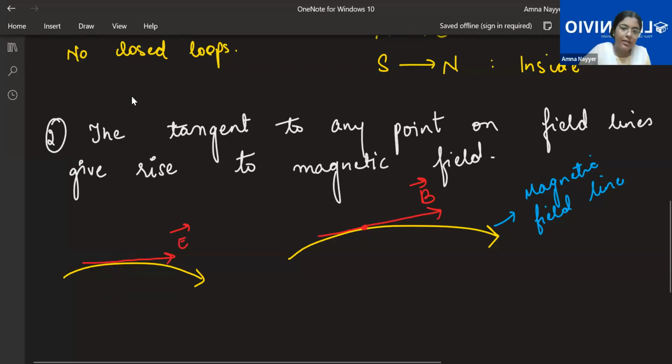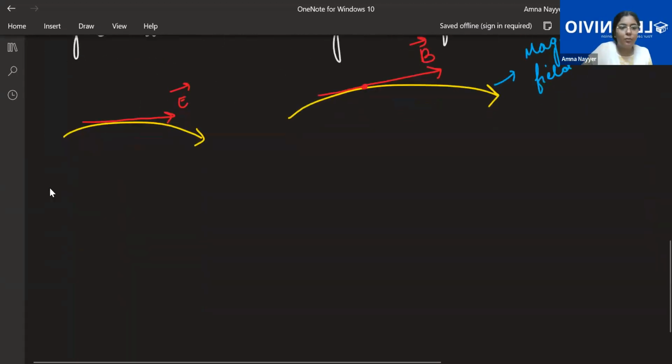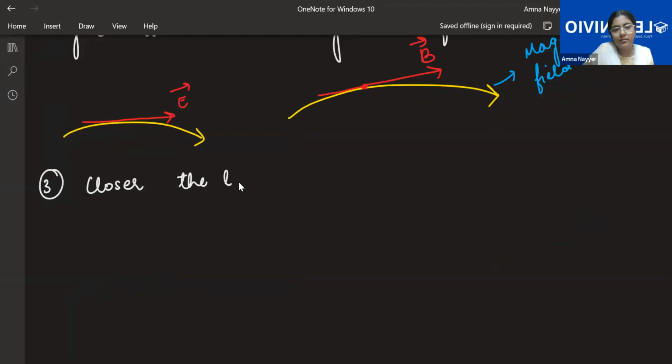Yes, ma'am. All right. One more point which we discussed there. Closer the lines, stronger or weaker in electric field? Closer the lines, it will be stronger.